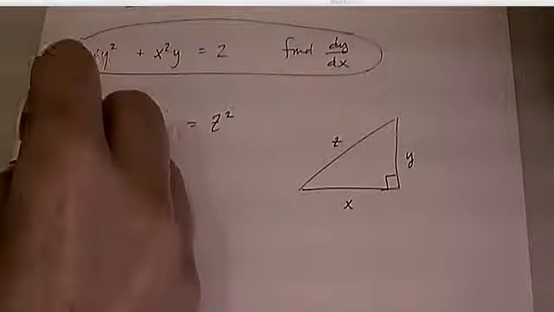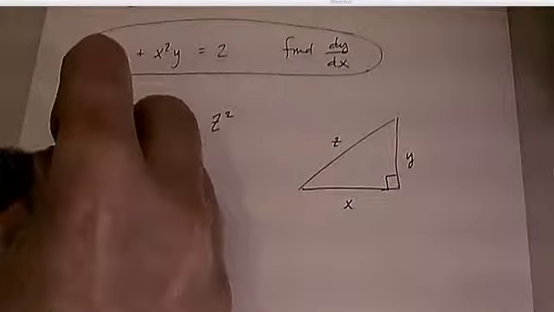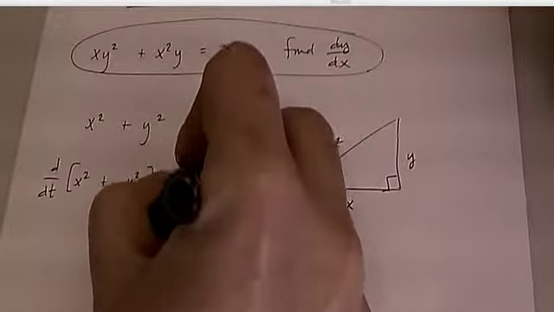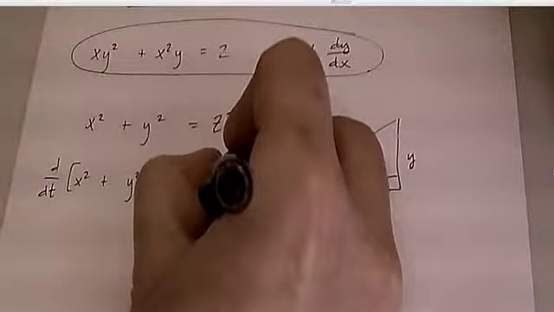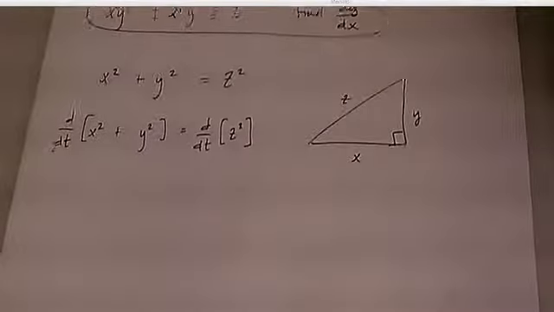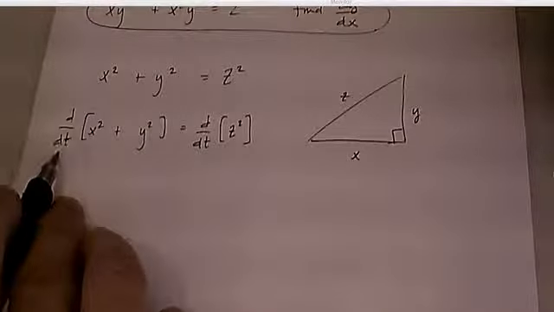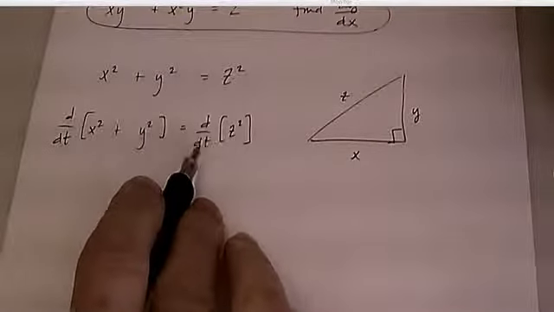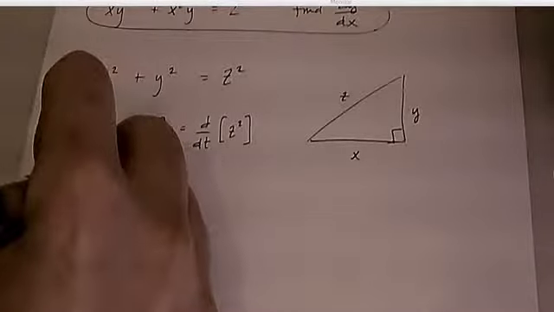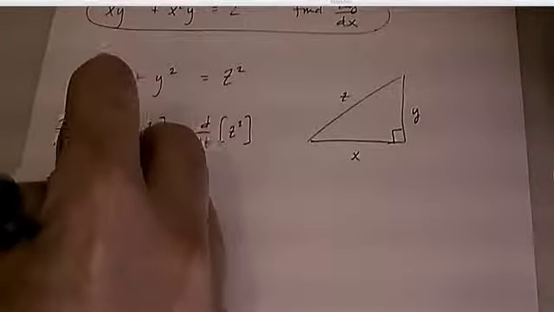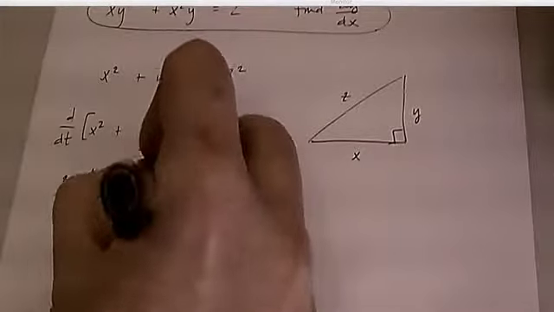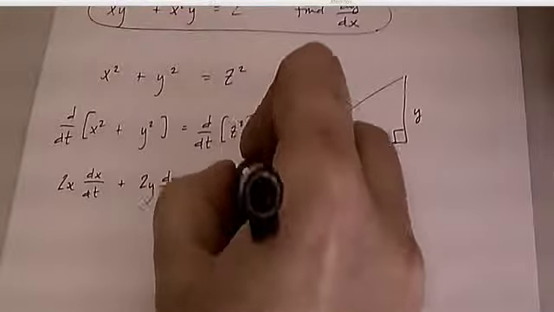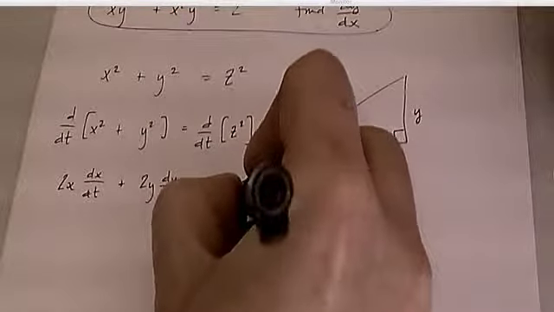So we are actually going to be finding d dt of what is given to us, because we want to know how fast is x changing with respect to time, how fast is y changing with respect to time, and how fast is z changing with respect to time. Well, that becomes 2x dx dt plus 2y dy dt is equal to 2z dz dt.